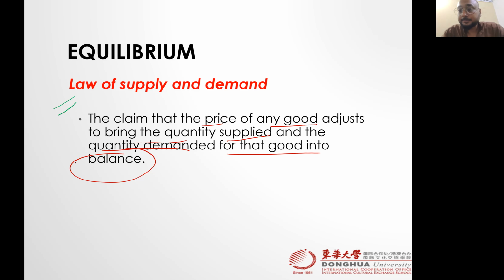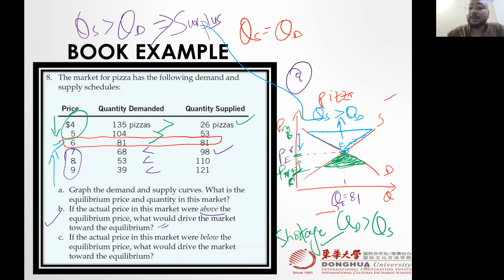So in the previous example we saw that equilibrium is here, right? Market forces are pushing the price and quantity back towards equilibrium.